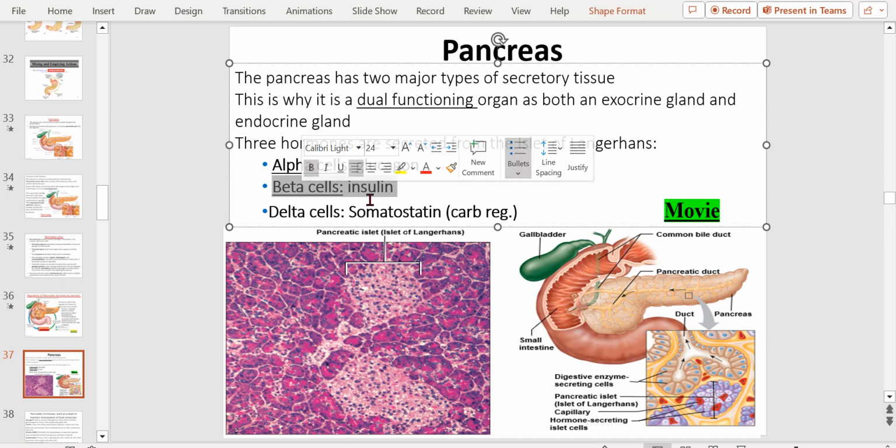Beta cells are involved with insulin, again dealing with sugar. They are opposing. Insulin forces the cells to absorb sugar. Glucagon pulls the sugar off the shelves and dumps it back into the blood. There are also delta cells that produce somatostatin, and this is for carbohydrate regulation.